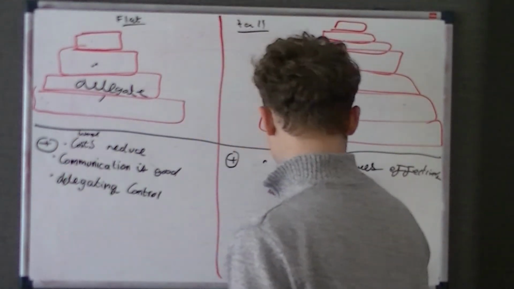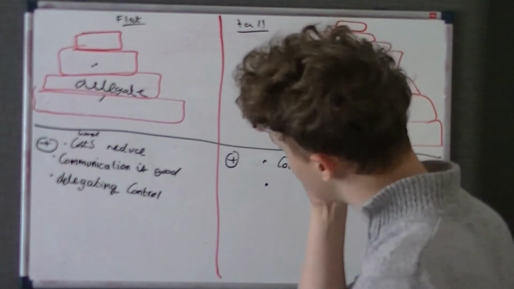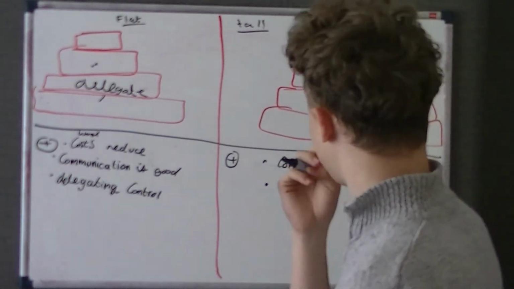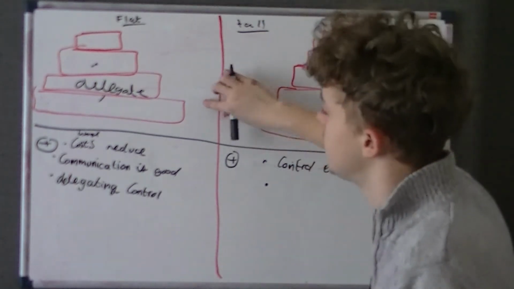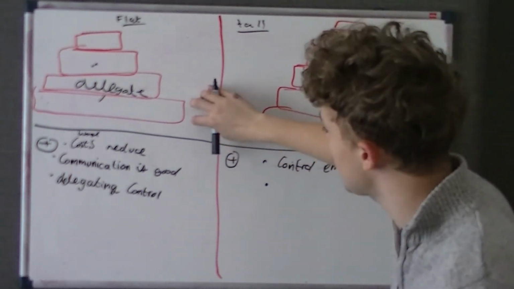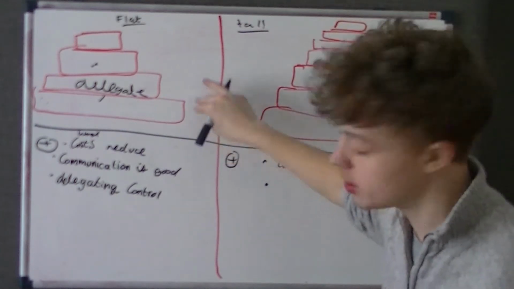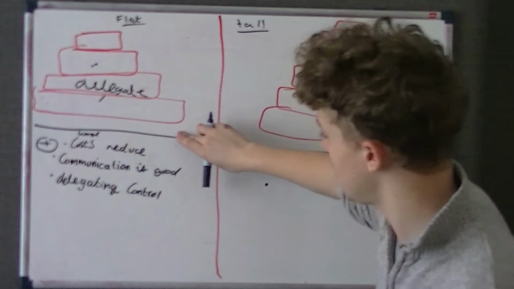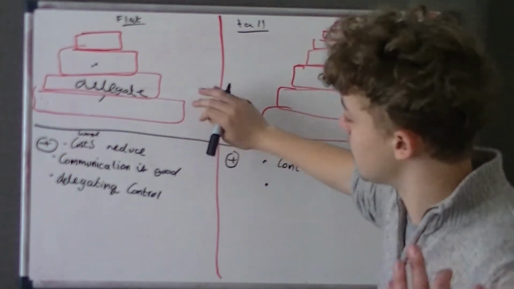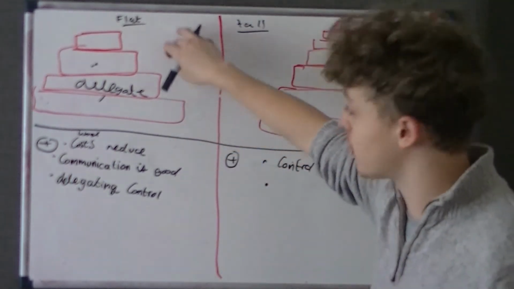So another advantage of a tall structure is there's a lot more chance for promotion, whereas in this structure you've only got 4. If they're on this structure they can only go up 1, 2, 3, or if they're joining the business at the bottom, they can get up 1, get up another, get up another.